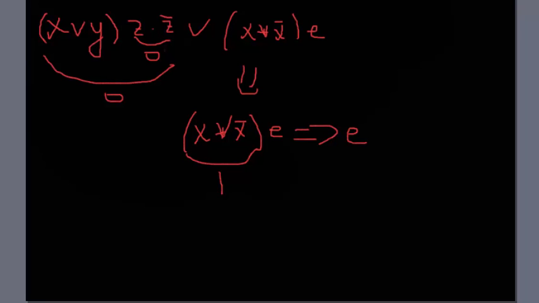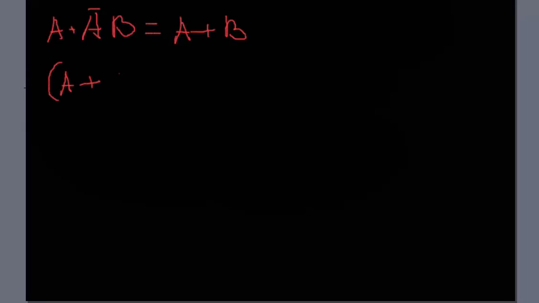Let me delete everything here. And as I promised, let me solve the last rule: A plus A negation B is equal to A plus B. So let me write A plus C and A plus B, and let's solve this problem.